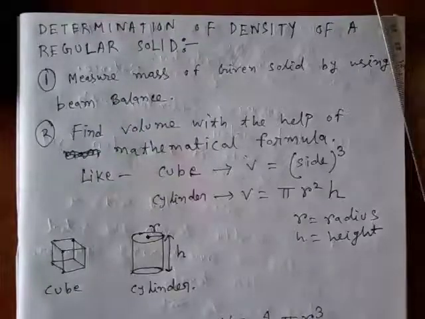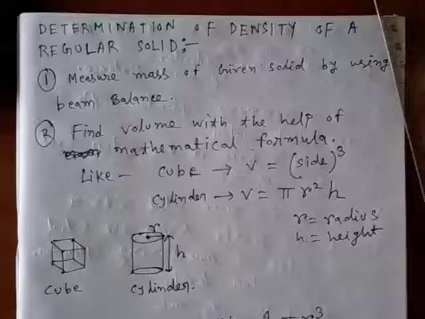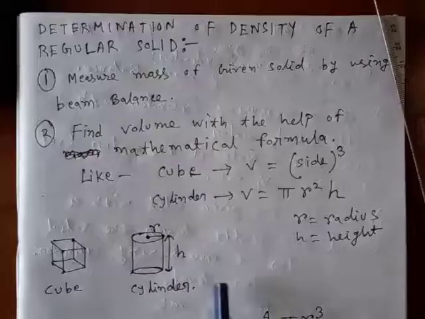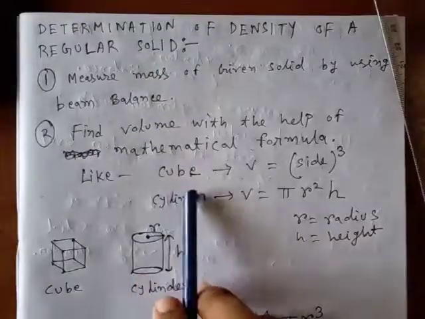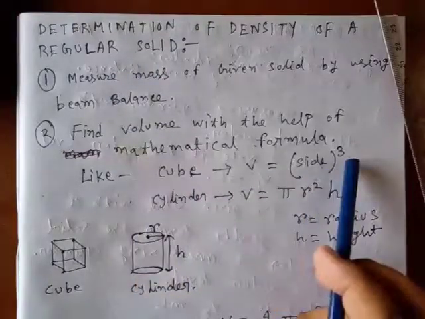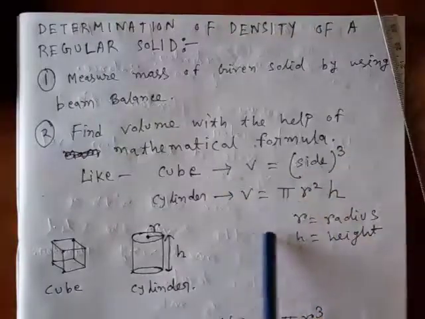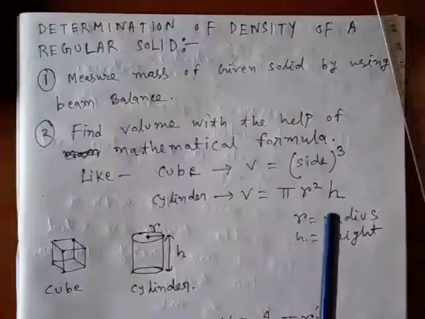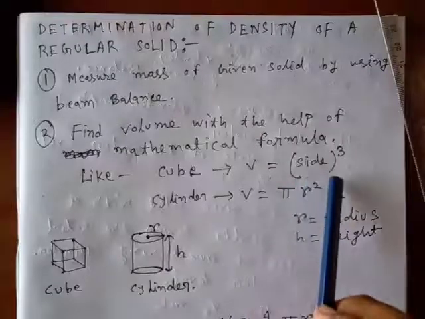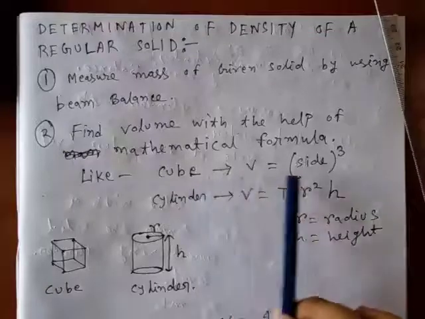So if I have sufficient data, I can easily calculate the volume of that solid. Suppose in case of a cube the volume will be side to the power 3. That means in a cube the length, breadth and height are all the same, so that is called side. If I know one side then I can calculate the volume of that cube.